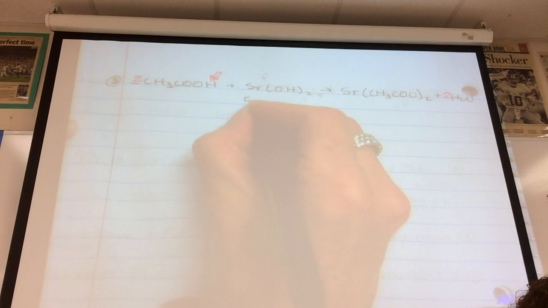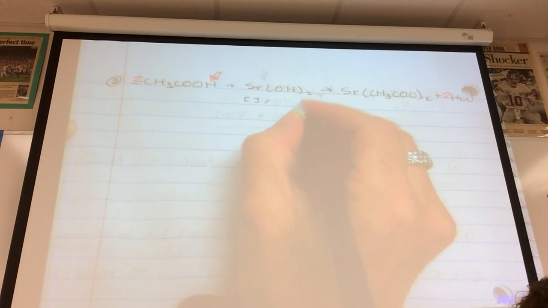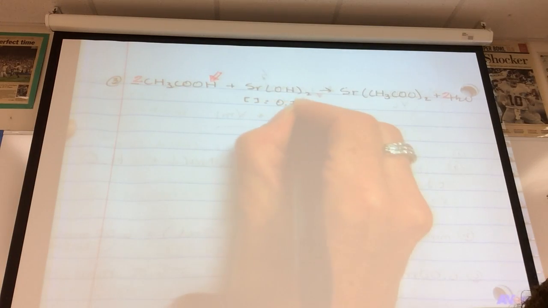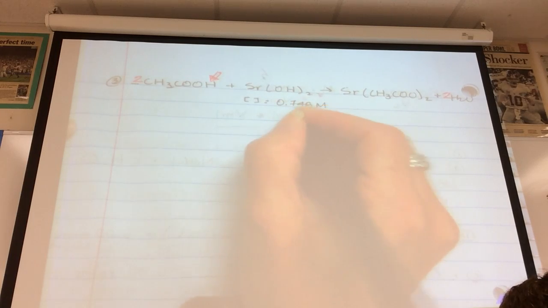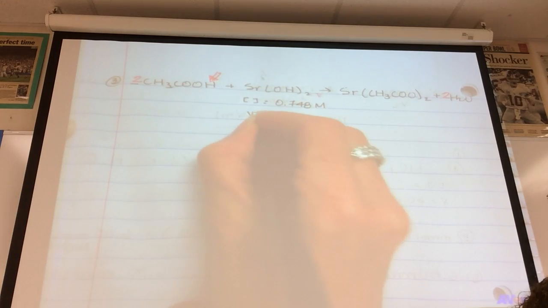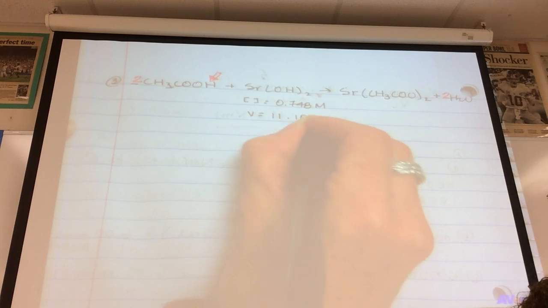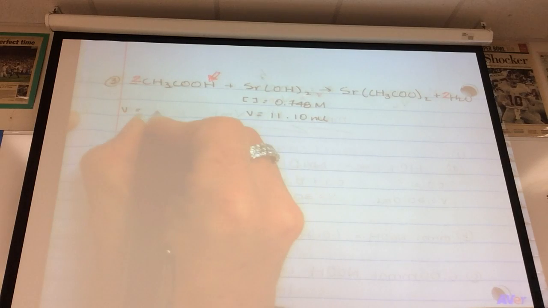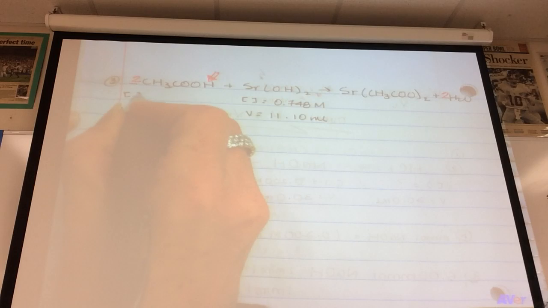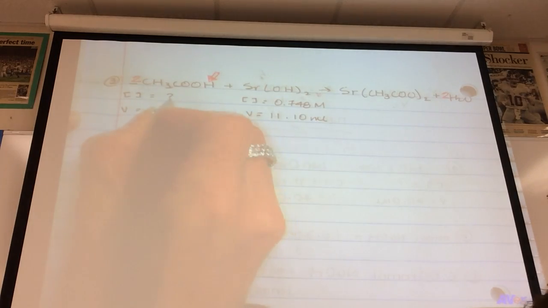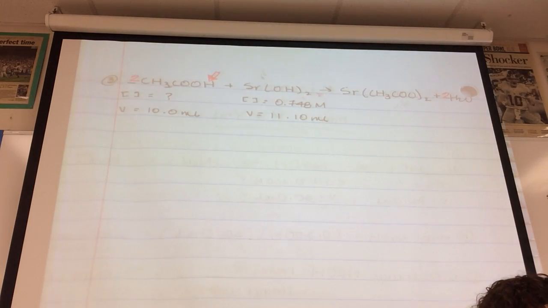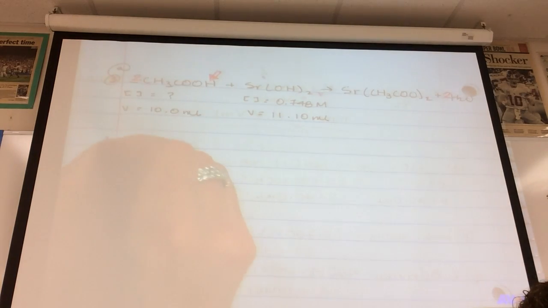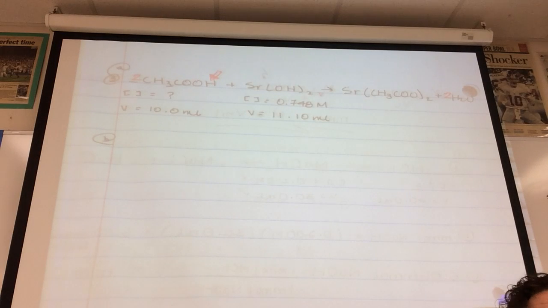The concentration of the base that's given is 0.748 molar. The volume of the base is 11.10 mils. The volume of the acid is 10 mils. The concentration of the acetic acid is what we're looking for. So we've covered step A. What do we do next?